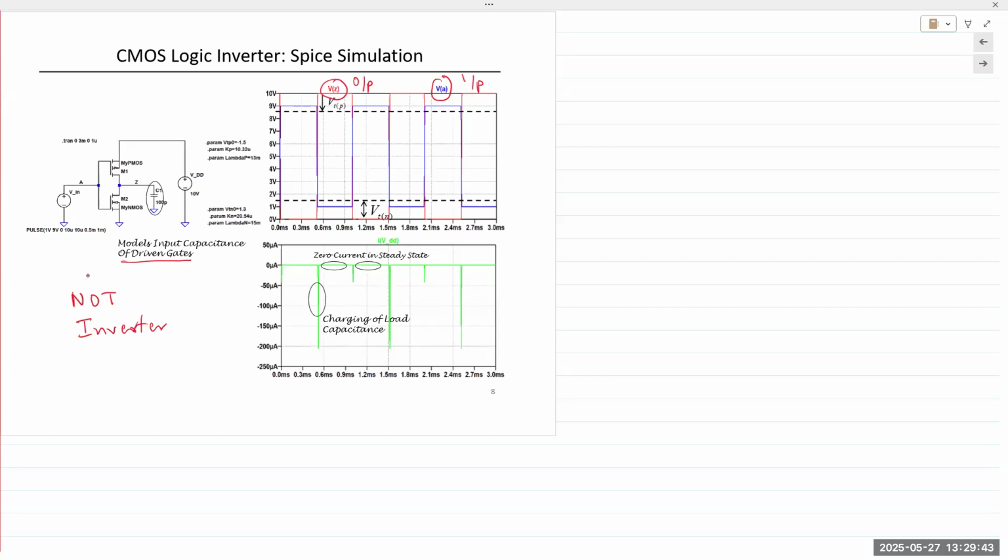And see, this is off, on, off, on. Okay, that refers to the output.